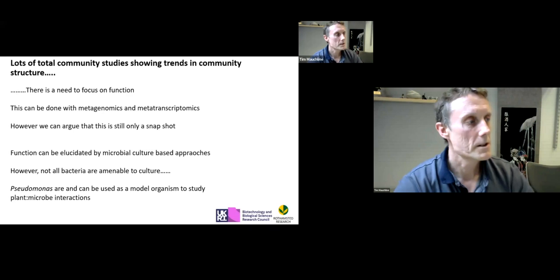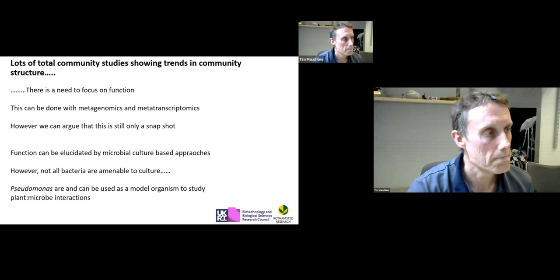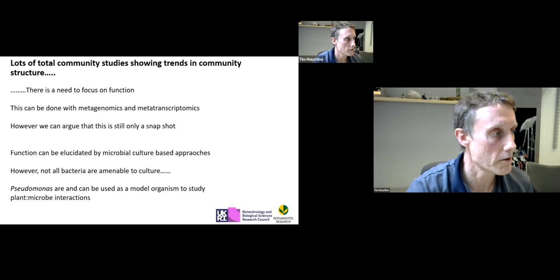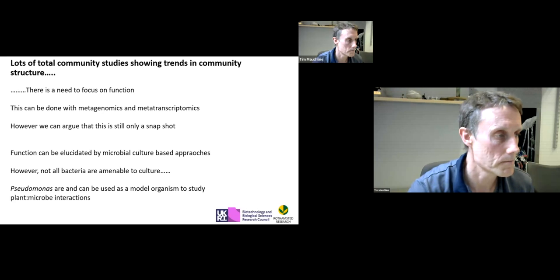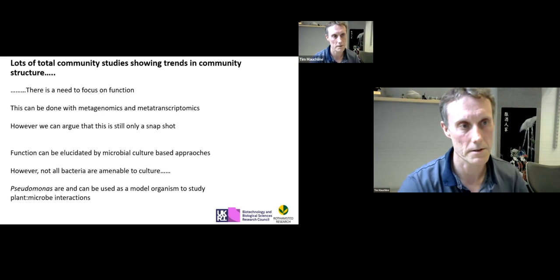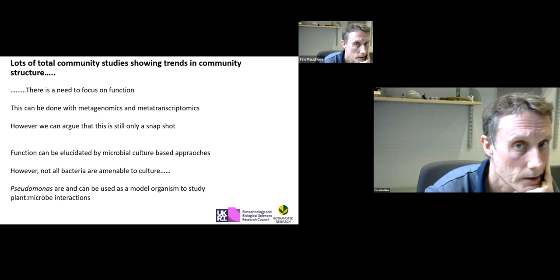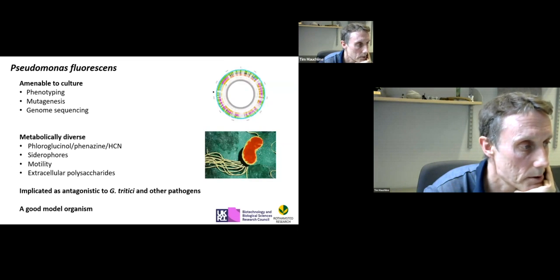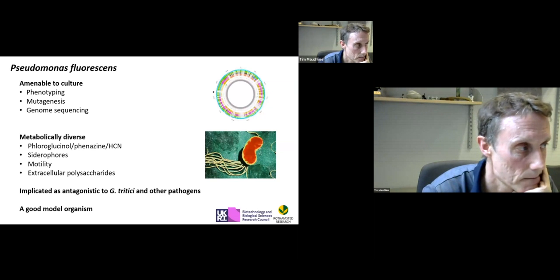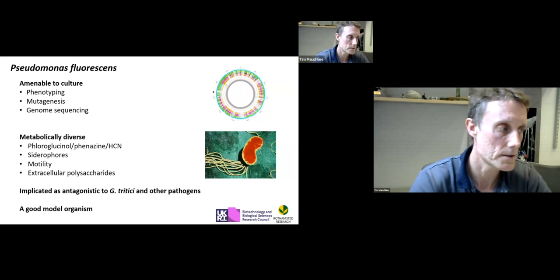So, as I mentioned, we need to develop our understanding of the function of microbes. And one way I wanted to explore that is to use a culture-based approach. What we've been doing at Rothamsted is to use Pseudomonas fluorescens as a model organism. And we think this is a good system.